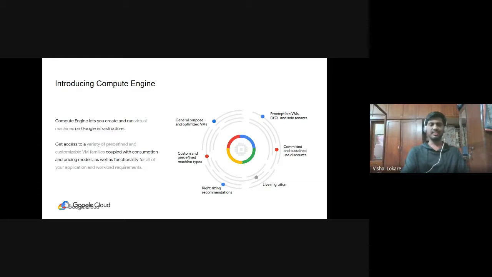Okay, then there is right sizing recommendation. This is when you start using your VM and GCP detects in 2 to 3 days that you are using more than what you should. Let's say you have made a backend for 1 lakh people, but only 1,000 of them are being used, and you didn't know that only 1,000 is sufficient for a project. Google Cloud will remind you that you are using more storage.